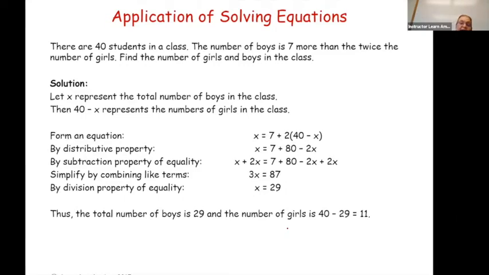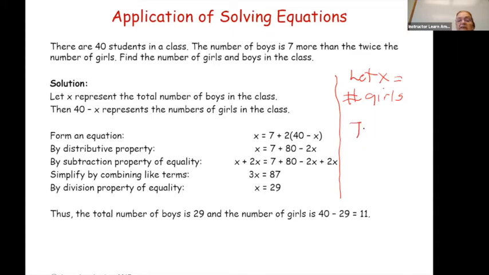Now, my inclination would have been to approach this a little bit differently. So let me show you what I would be more inclined to do first, just because I think it's a little easier, but I'll show you both of them. Since boys are described in a more complicated way than the girls, I would be inclined to let X be the total number of girls. And then the boys would be 7 more than twice the girls.